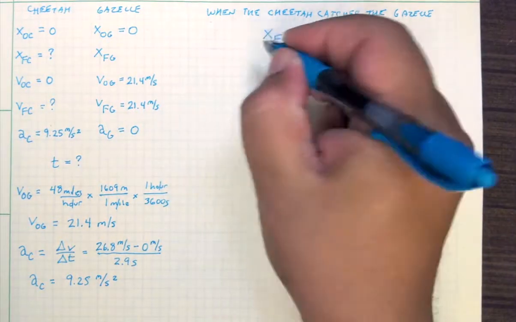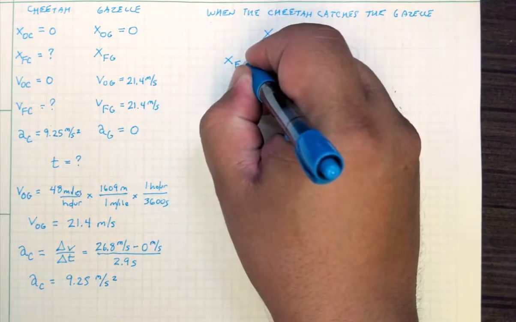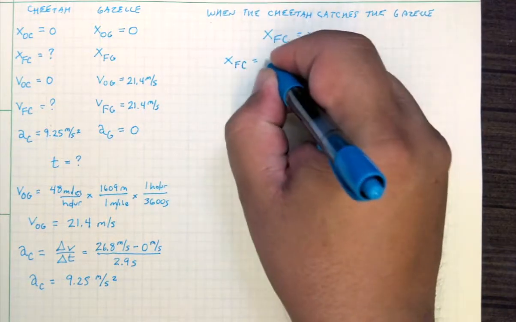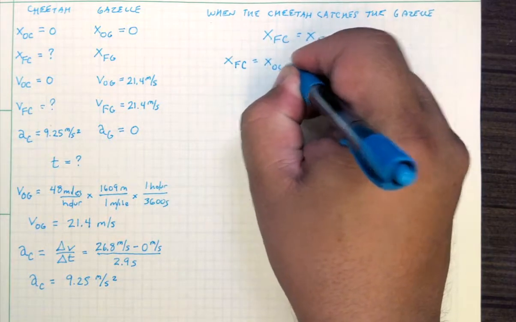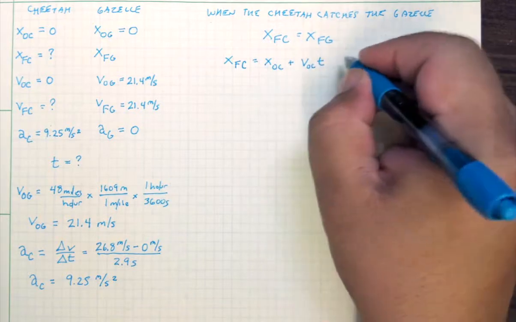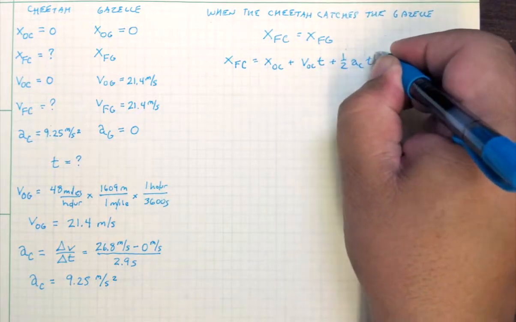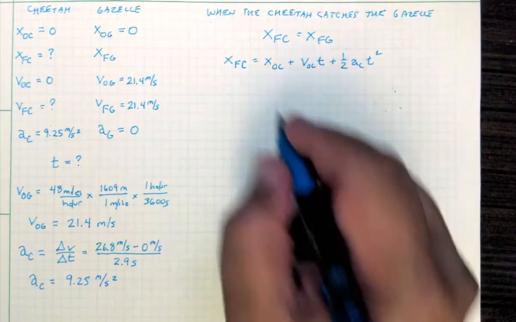Well, that just happens to be one of our kinematics equations, saying that the final position, for example, of the cheetah is going to be the cheetah's initial position plus the initial velocity of the cheetah times the time plus 1/2 times the acceleration of the cheetah times time squared.